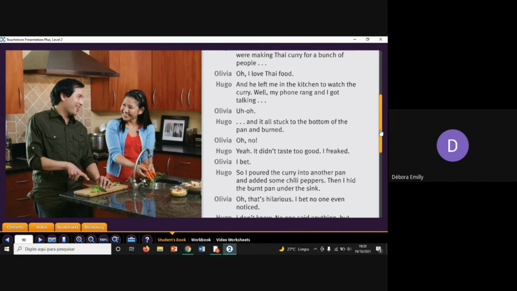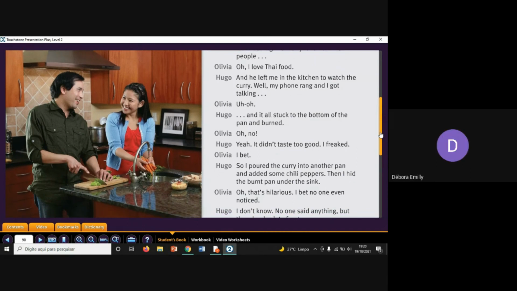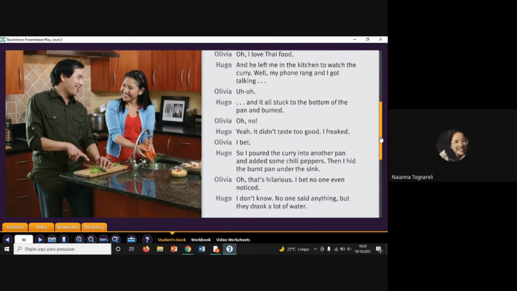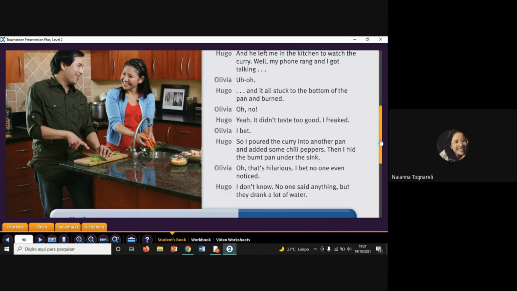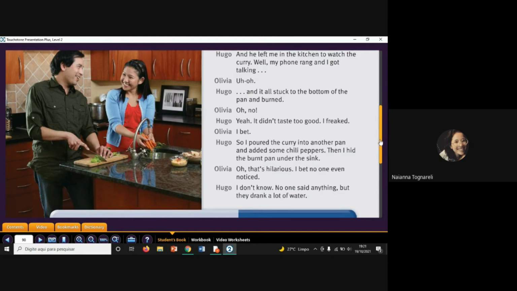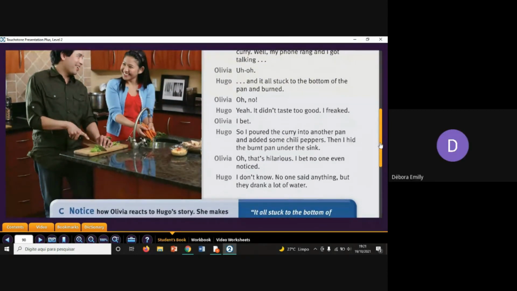Oh no. Yeah, it didn't taste too good. I freaked. I bet. So I poured the curry into another pan and added some chili peppers. Then I hid the burned pan under the sink. Whoa, that's hilarious. I bet no one even noticed. I don't know. No one said anything, but they drank a lot of water.